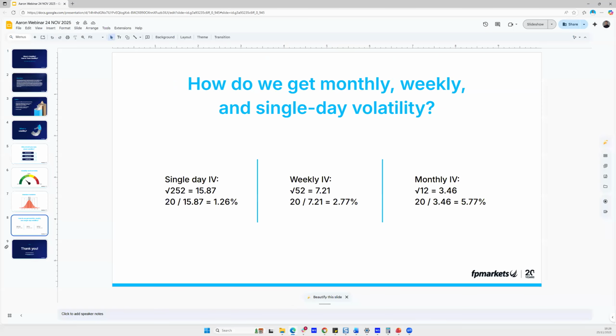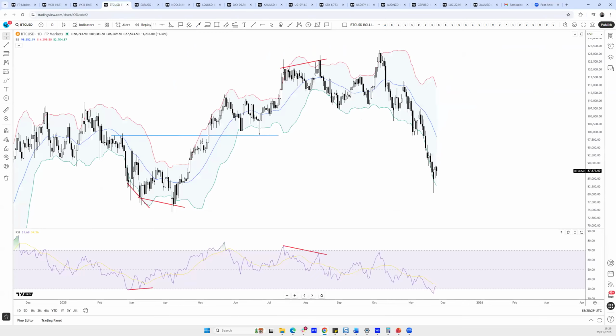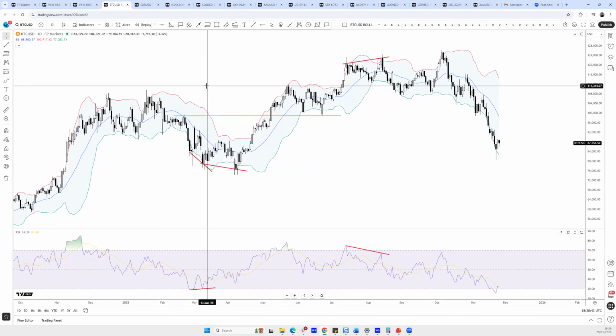Now, I will spin back to the charts as I want to go over the next indicator, which is something I'm sure you're all aware of, the Bollinger Bands. Now, the Bollinger Bands were created by a gentleman who goes by the name of John Bollinger. I believe this was in the early 1980s.